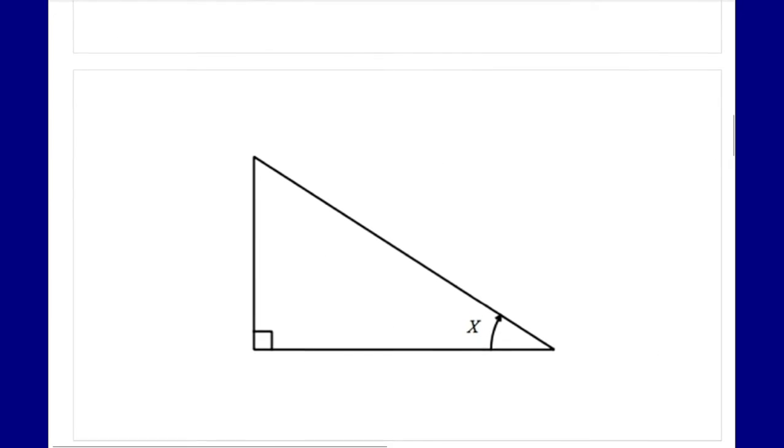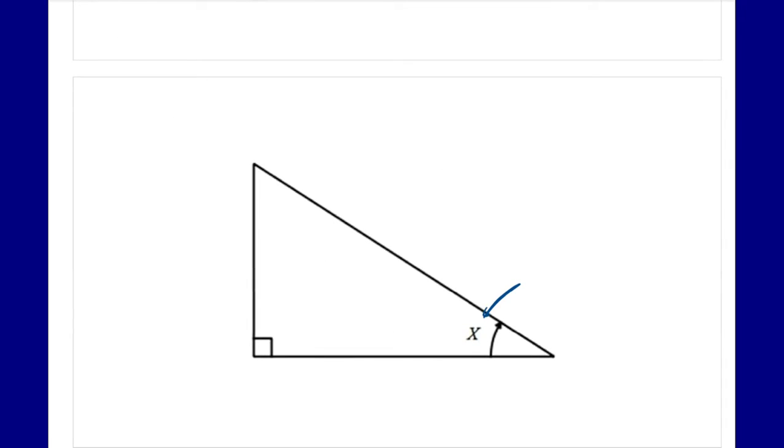So if we have a diagram here, x is the angle given or trying to find. So let's label our sides. Again, we see our 90 degree angle. Directly across from 90 degrees is our hypotenuse.